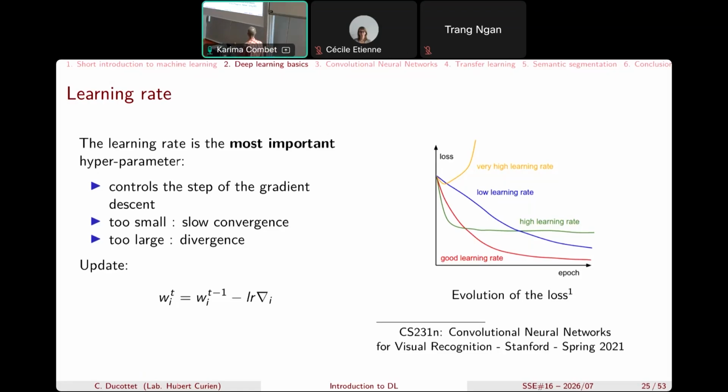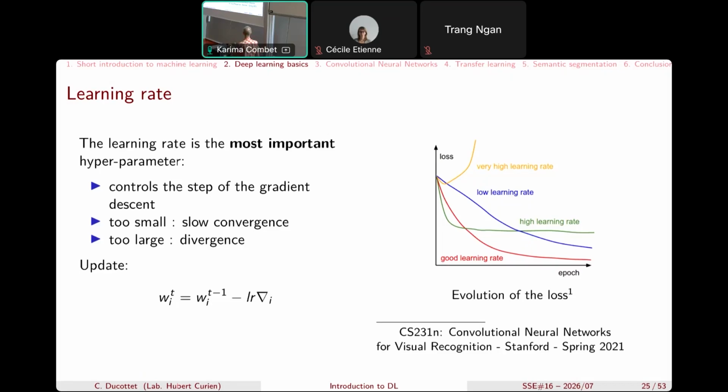If you have something which is decreasing and then increasing, it means that you maybe have too high a learning rate. If you have a high learning rate, not too high, giving a kind of exploding loss, you may have a very fast saturation of the result.